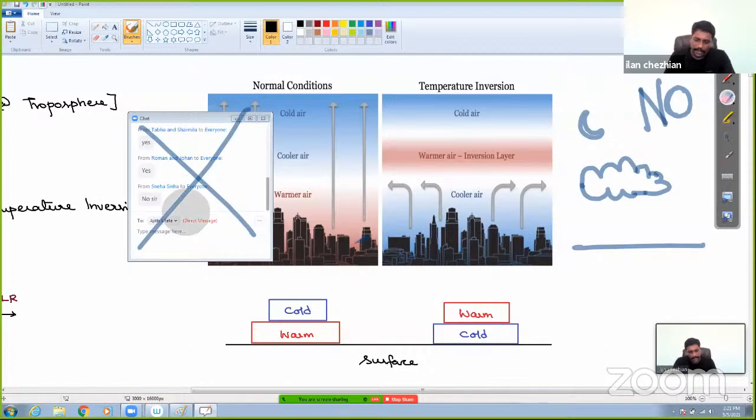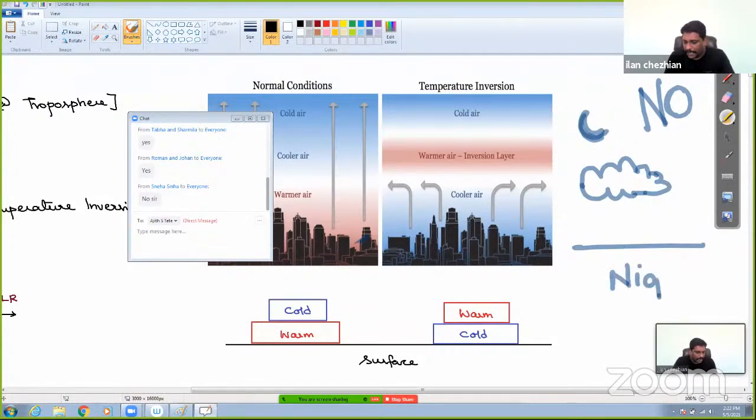I'll tell you why. If you have cloud during night time, my friend, the surface condition will not become cold. It will become warm, because cloudy nights are warmer. So the near-surface region will be warm, but what you need is a cold condition.